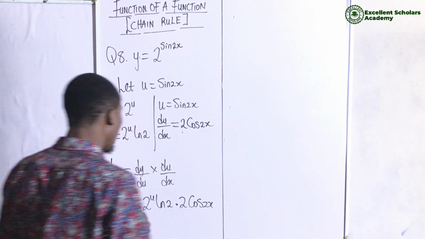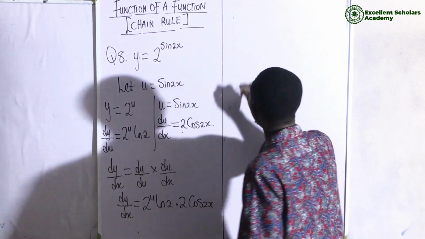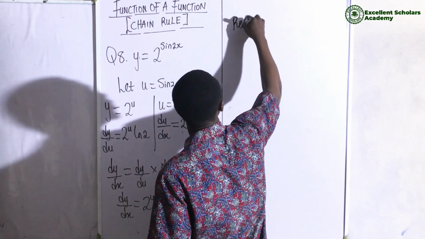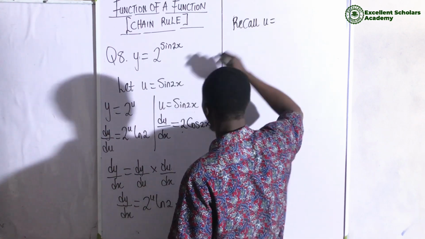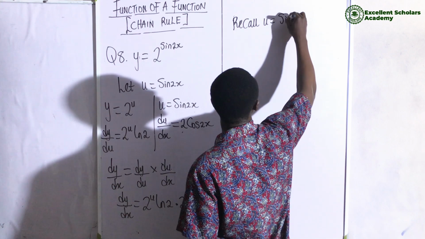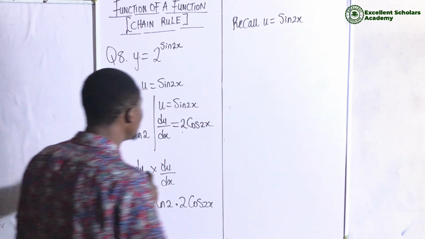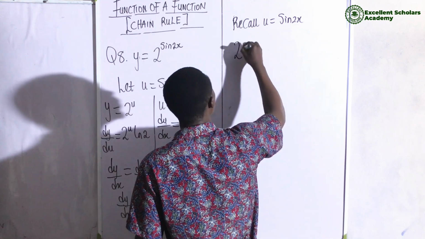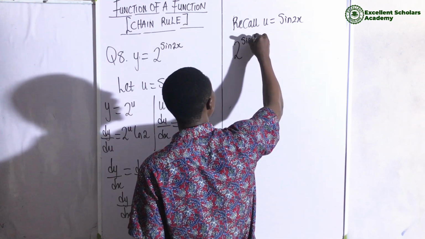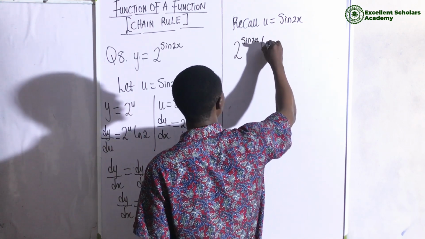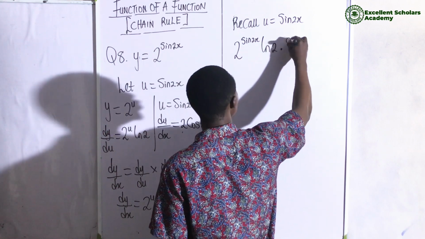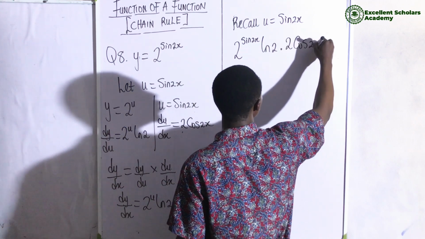Okay, so now recall that your u is equal to sine 2x. So what's going to happen here? It becomes 2 to the power of sine 2x ln 2 multiplied by 2 cos 2x.